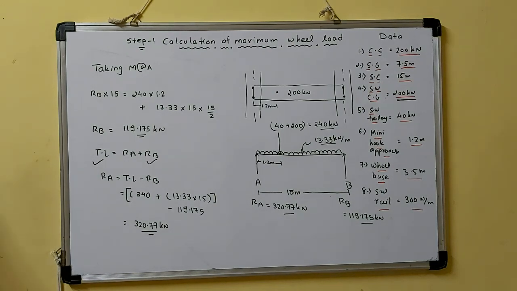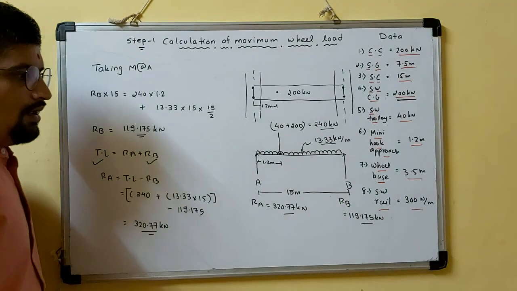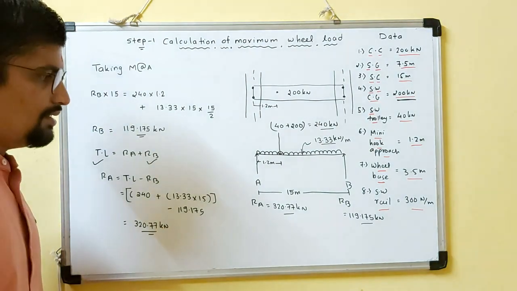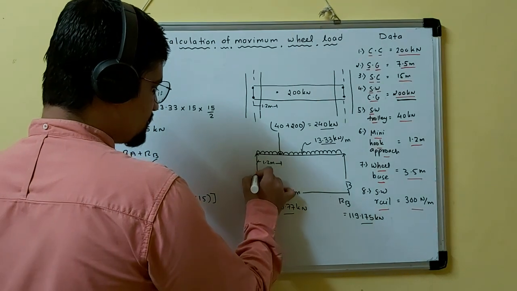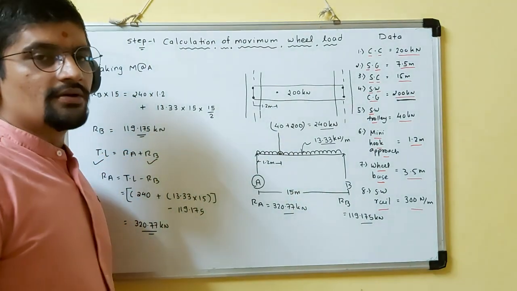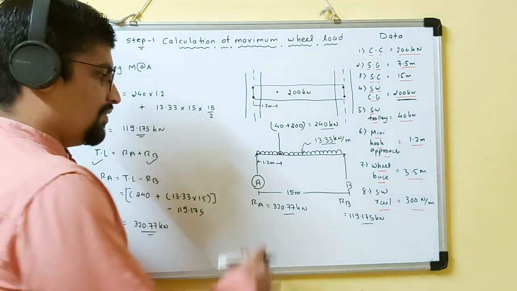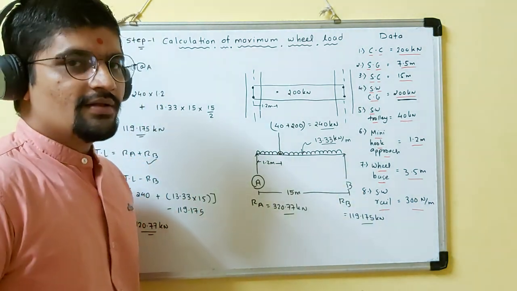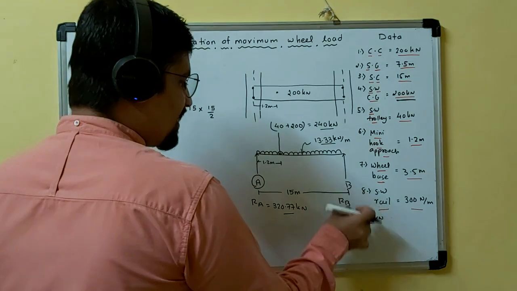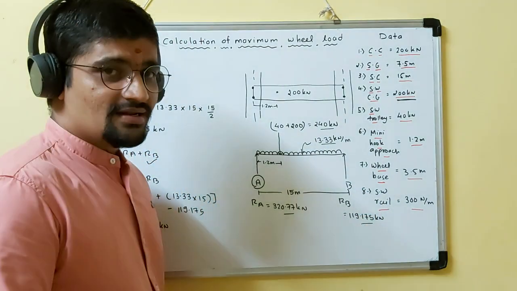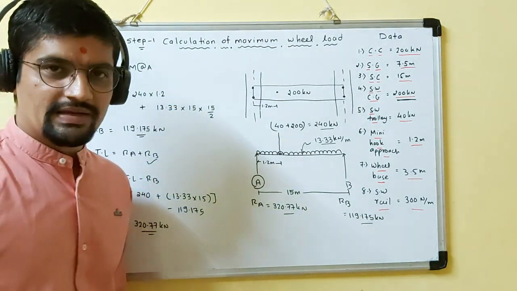From these values, you already know that the A portion will be considered for the design of the gantry girder, but we will keep both sides the same gantry girder. That doesn't mean that we need to design the RB side again for the load of 119.175.